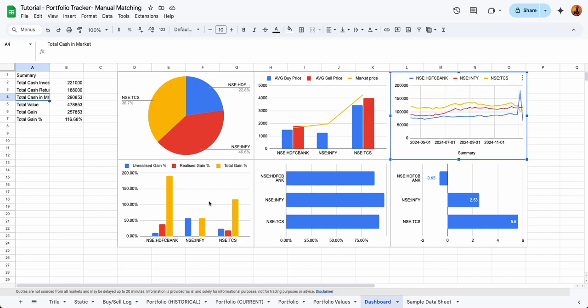Then I've got the depiction of unrealized gain, realized gain, and total gain percentages in here. Here I have a view where you can see how close the market prices for each of the individual stocks are to the all-time high of the stock.